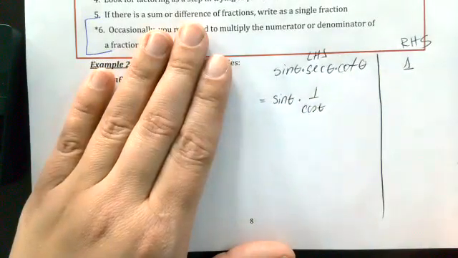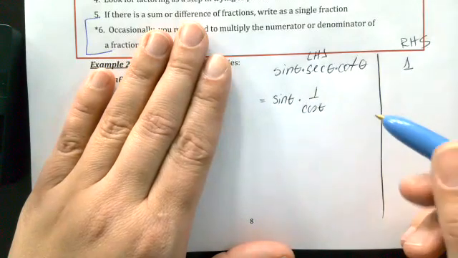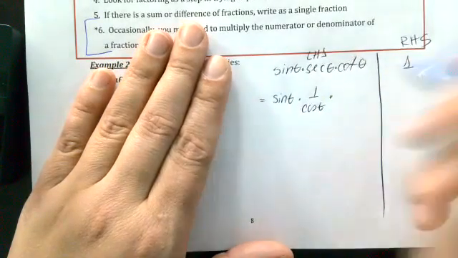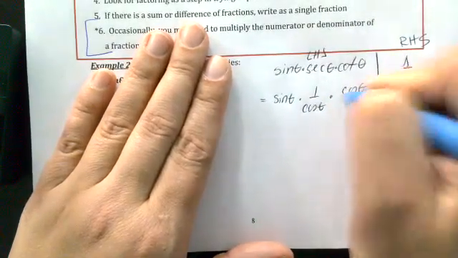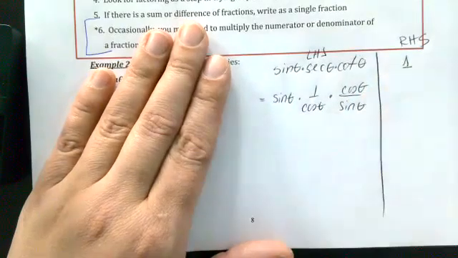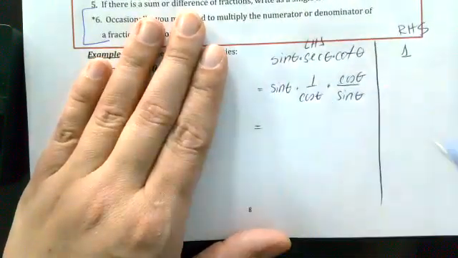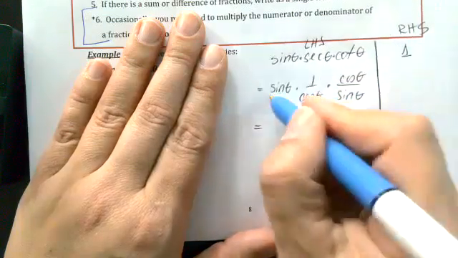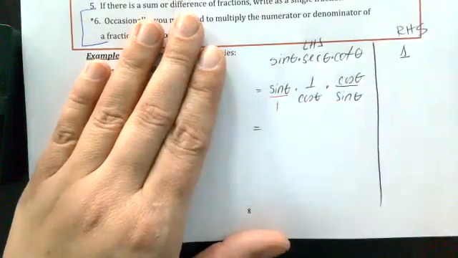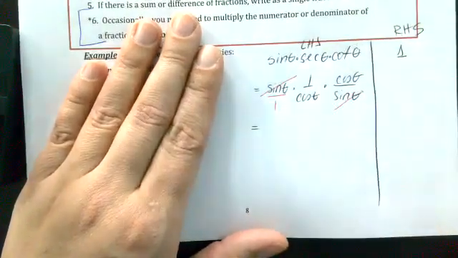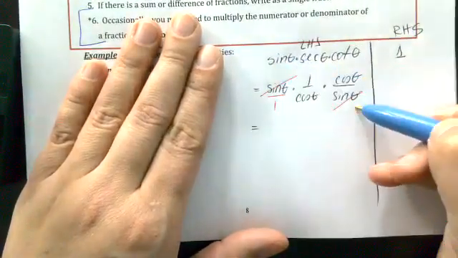And don't be lazy, write your thetas. I know that it's just sine and 1 over cos all the way throughout, but it's important to keep writing your thetas. And cotangent is cosine of theta over sine of theta. Then we simplify. Sine is over 1. And then we can cancel this sine with that sine, right? One is at the top, one is at the bottom.